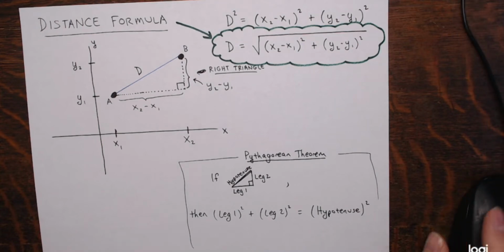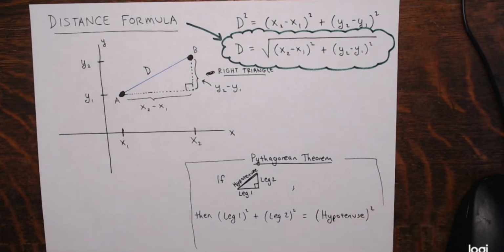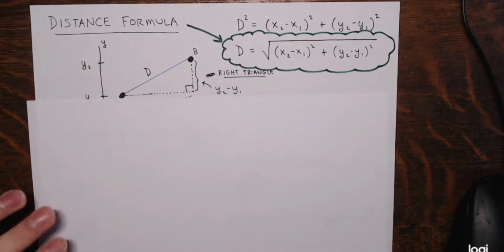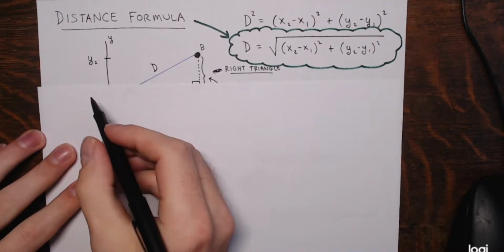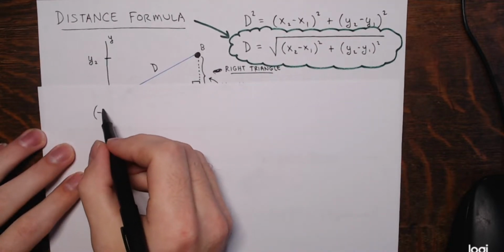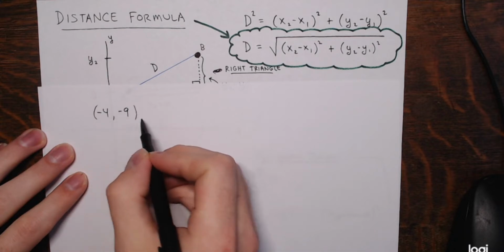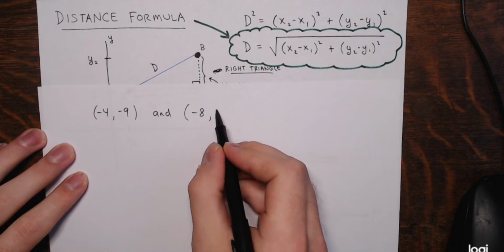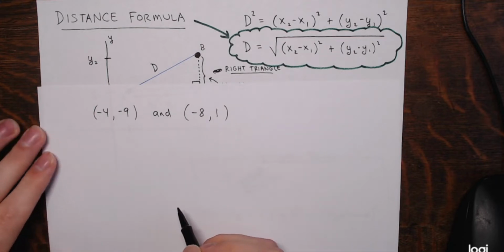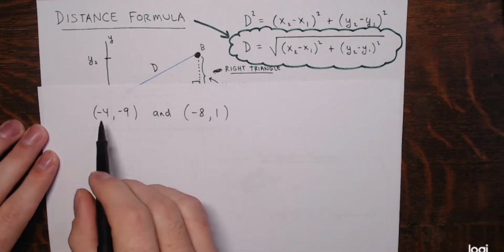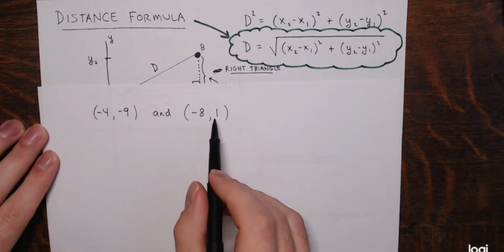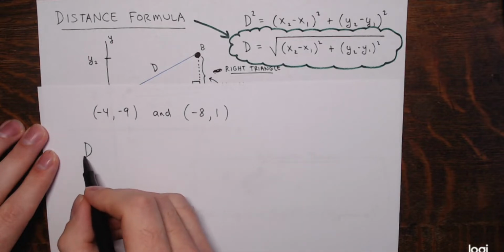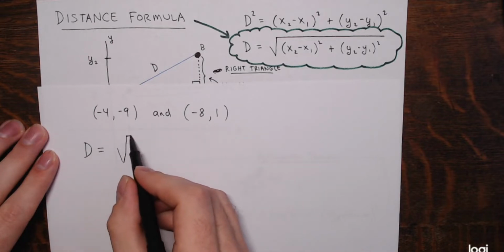Alright, so here was the distance formula again. And we're finding the distance between negative 4, negative 9, and negative 8, 1. So again, if you want to label them x1, y1, x2, y2, you can, right? And then the distance would be equal to the, make a big square root.